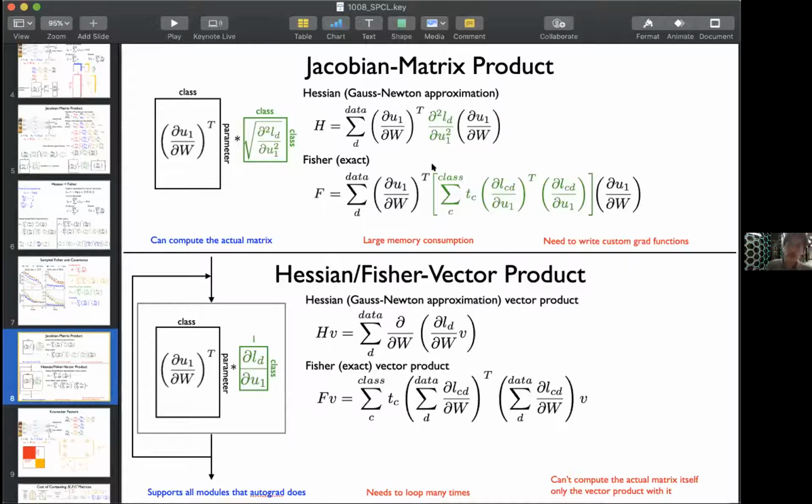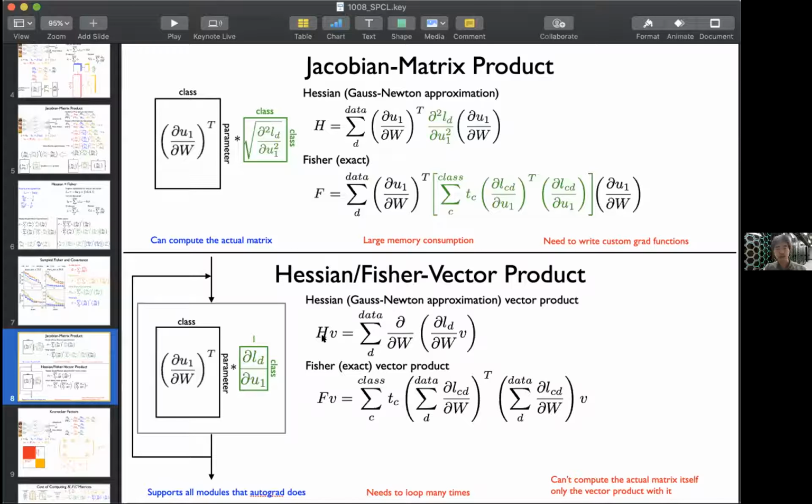Okay, so we looked at Jacobian-matrix products, which actually backprops a matrix instead of this vector here. The pros for doing this are that you can actually obtain the actual matrix. This is different from the Hessian vector product, where you can only obtain the Hessian vector product itself.